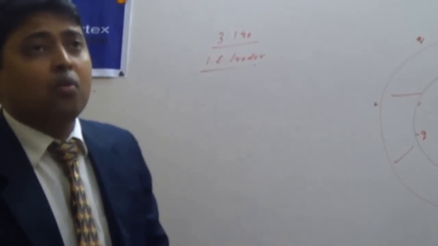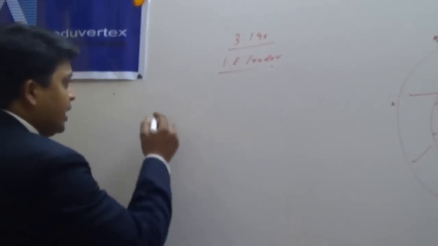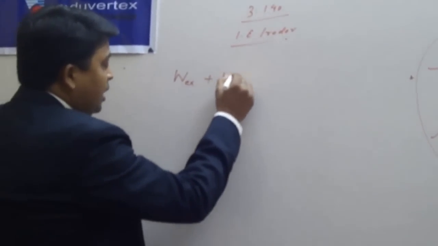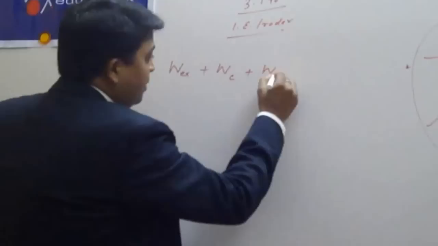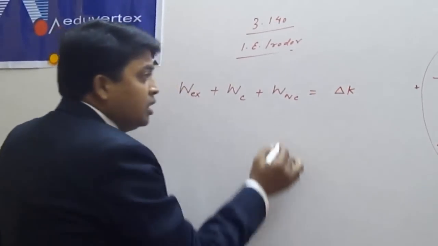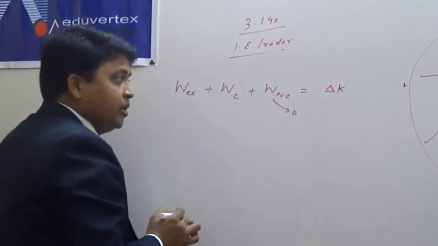We know this from the work energy theorem. What is the work energy theorem? Work done by external plus work done by conservative plus work done by non-conservative is equal to change in kinetic energy, delta K. There is no non-conservative work here, so it will be 0.